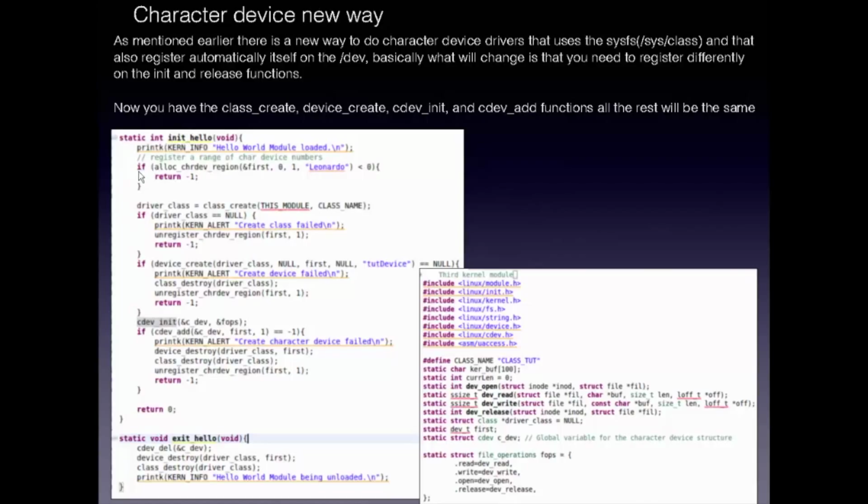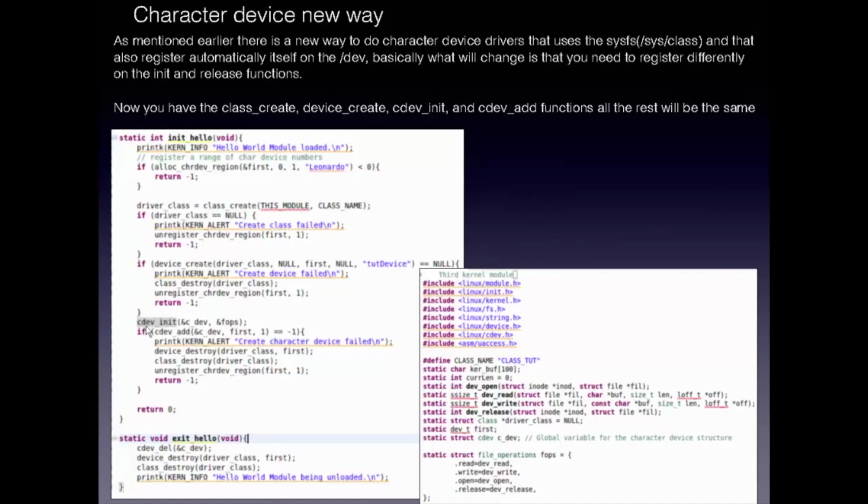Here this function alloc_chrdev_region is basically saying, kernel, give me a major number. Then you create a driver class. After that you create a device, and then here is where we register ourselves in the character device framework.